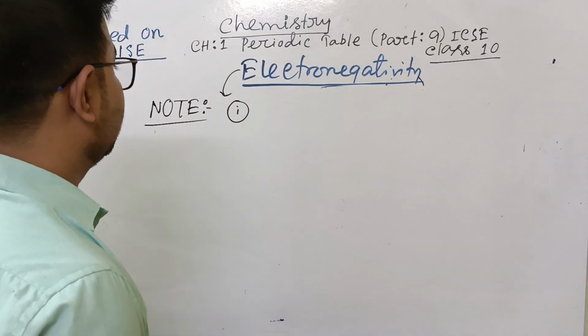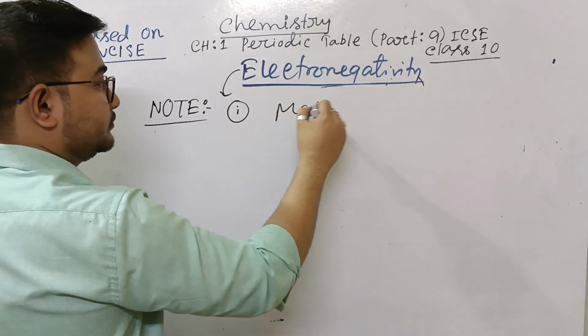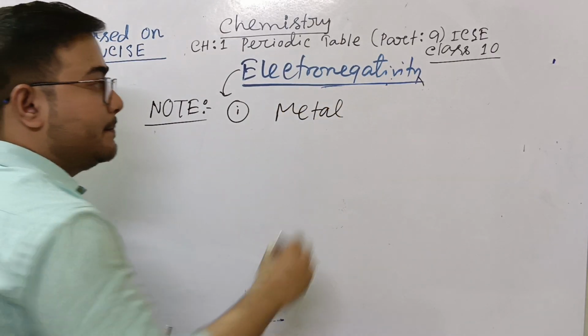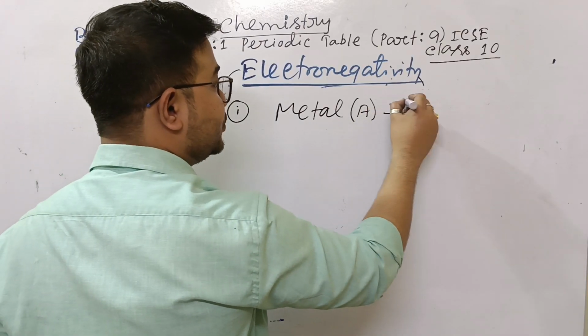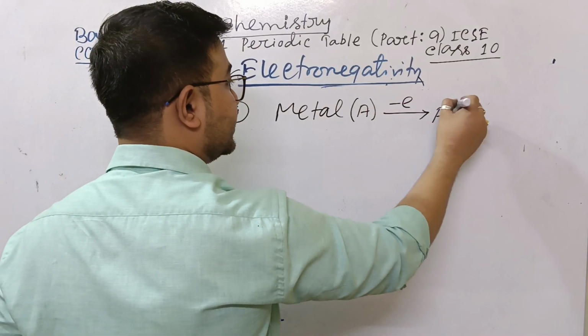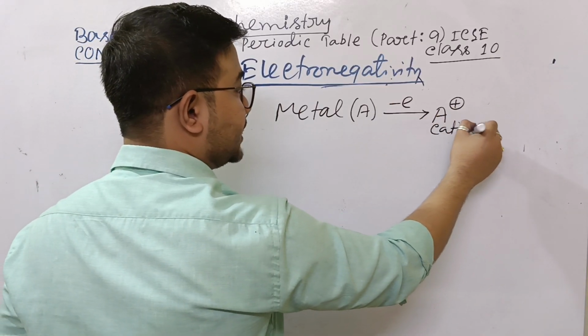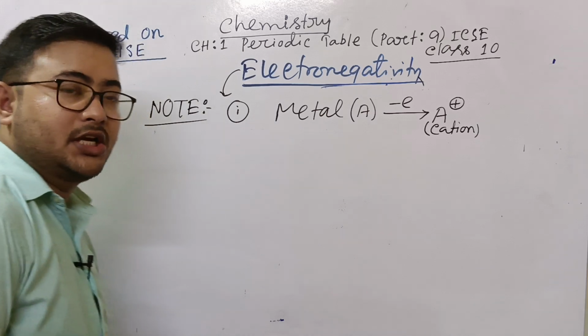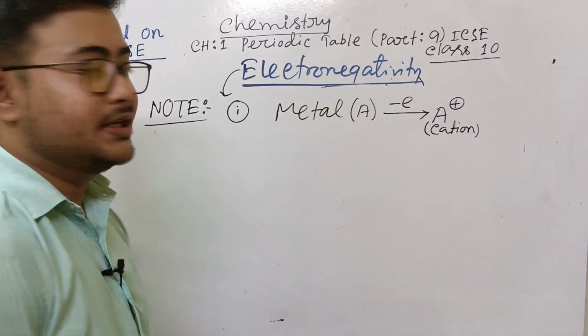First note. Tell me, what is metal? I already discussed: metal means any atom which has a tendency to lose electrons and form a cation. Cation means positively charged. Now tell me, what is electronegativity?